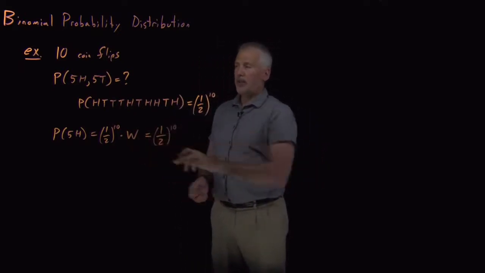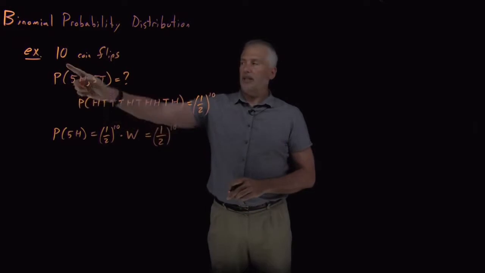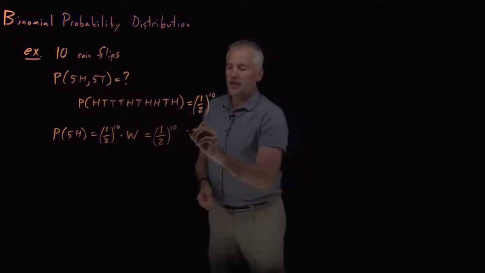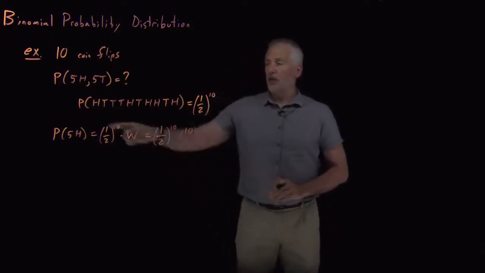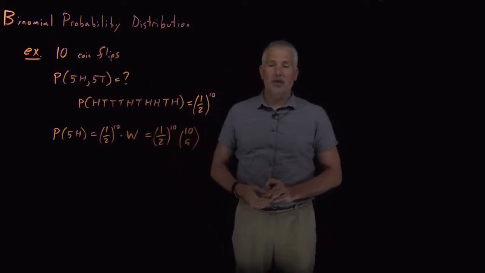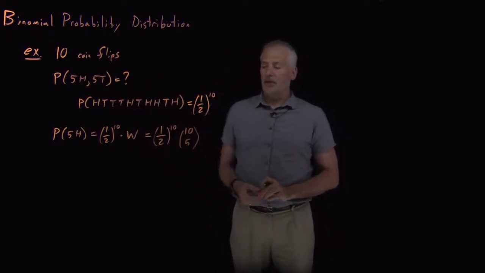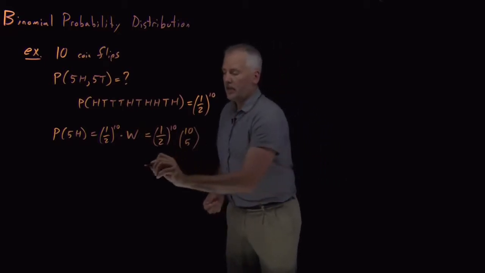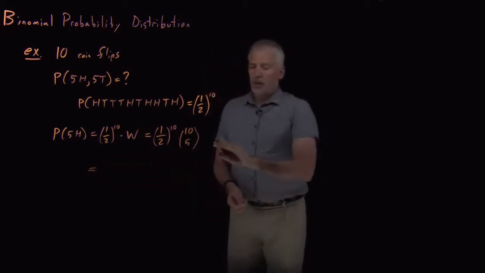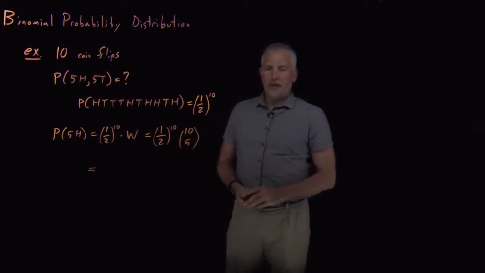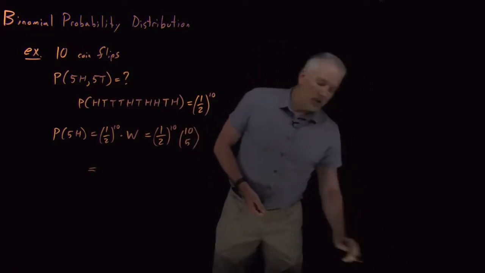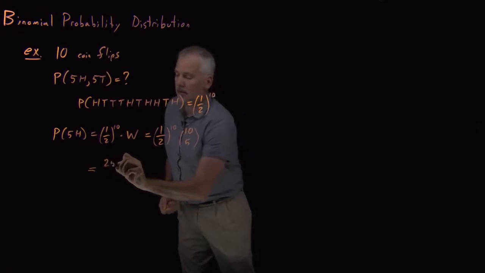The multiplicity of getting 5 heads in 10 coin flips is 10 choose 5. How many ways are there of choosing which 5 places to put the heads in this list of 10 outcomes? I won't write out the factorials, but 10 factorial divided by 5 factorial divided by 5 factorial, that number is 252.